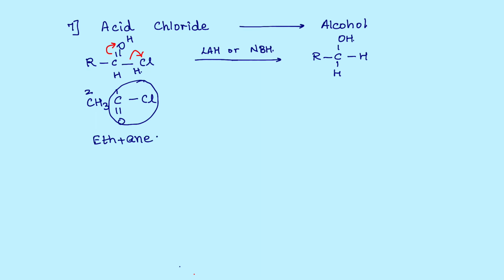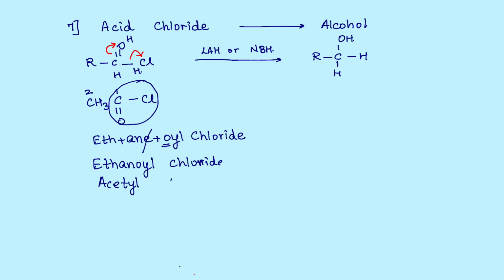So ethanoyl chloride. And as I told you earlier, starting with O, do away with the E. But most of the places you will find it written as acetyl chloride.